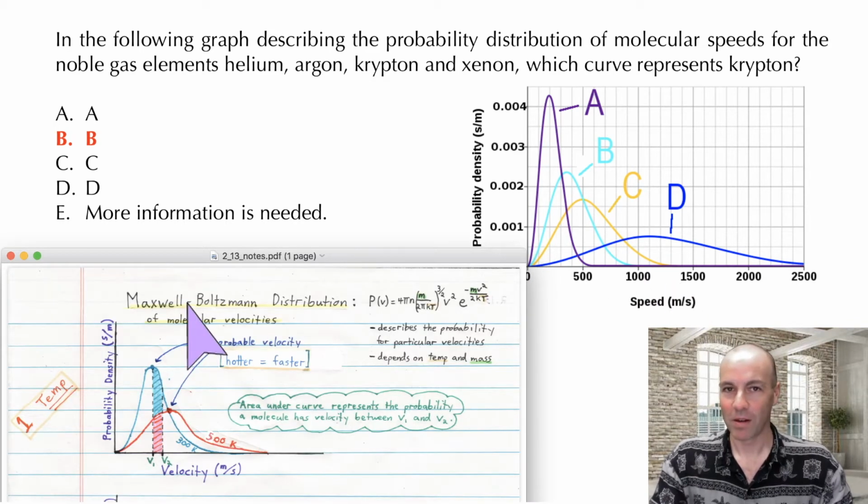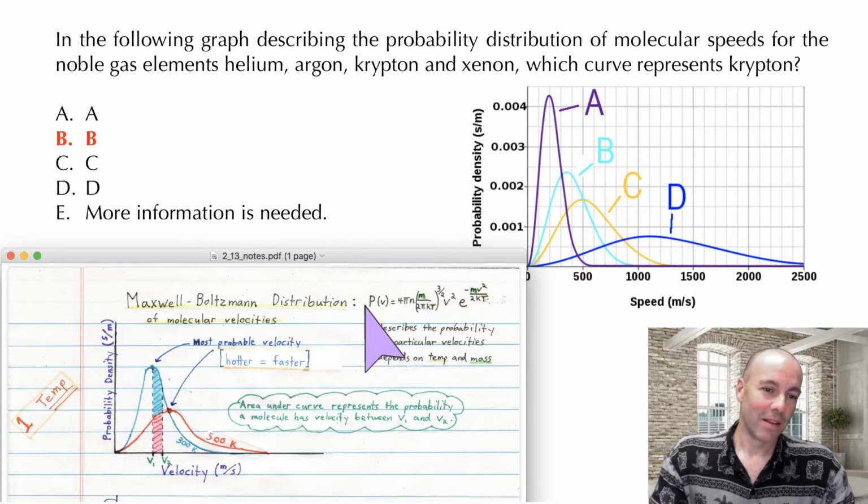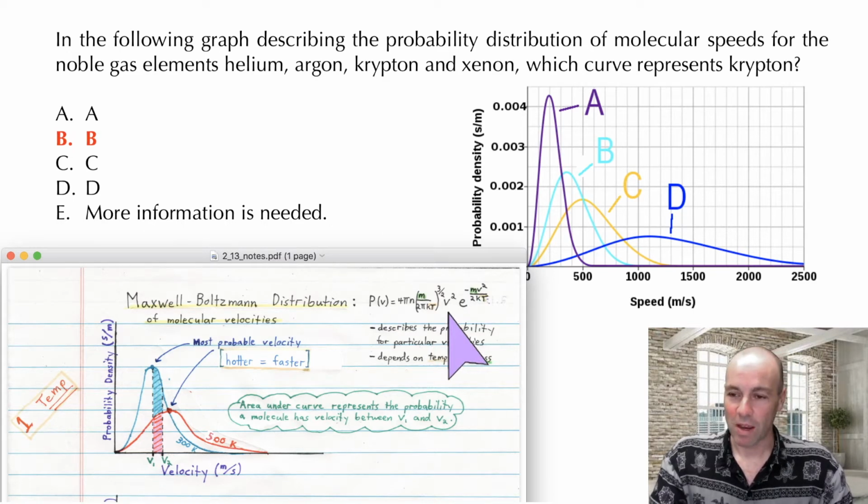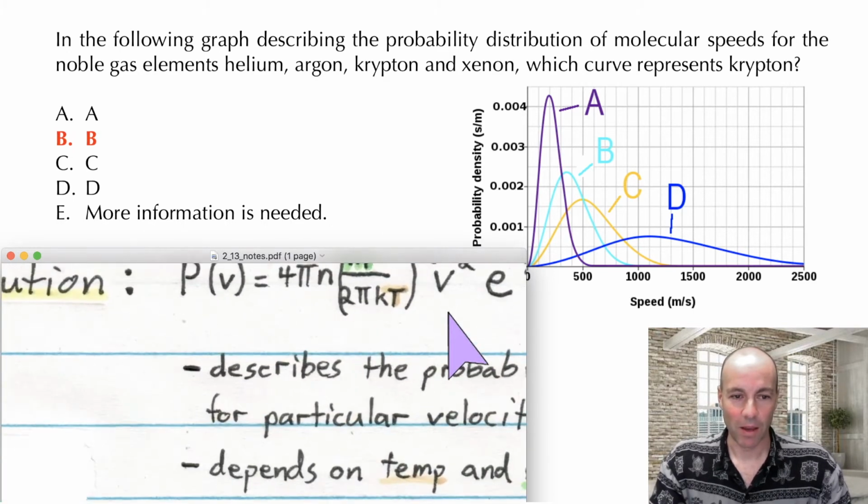The distribution being referenced in this problem is the Maxwell-Boltzmann distribution of molecular velocities. It's given by this complicated equation right here at the top right. I'll blow that up for you.